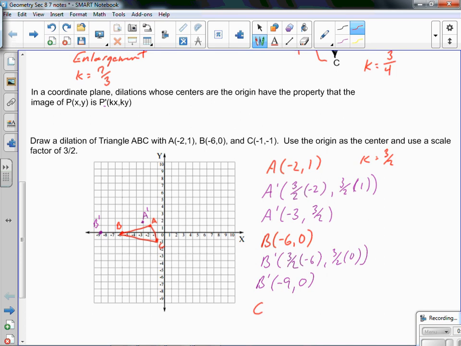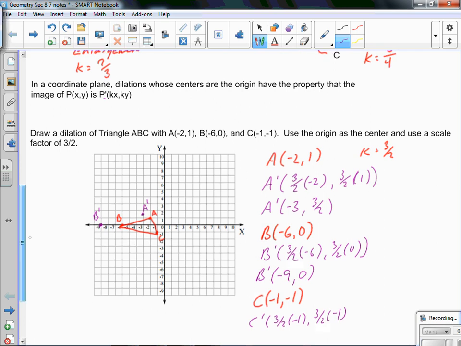And then our C coordinate, -1, -1. And for C prime, 3/2 times -1, 3/2 times -1.